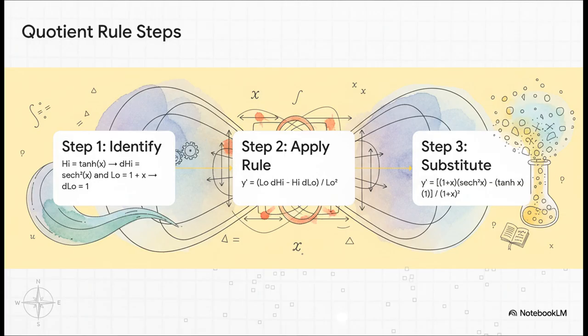The high part on top is tanh x, and its derivative is sech squared x. That's hyperbolic secant squared. The low on the bottom is 1 plus x, and its derivative is just 1. Easy enough. Now we just apply the rule, plug all those pieces into the formula, and we get our final answer. See? It's just a matter of plugging the right pieces into a rule you already know.